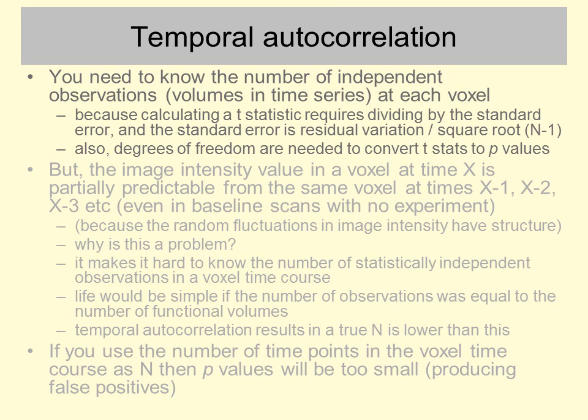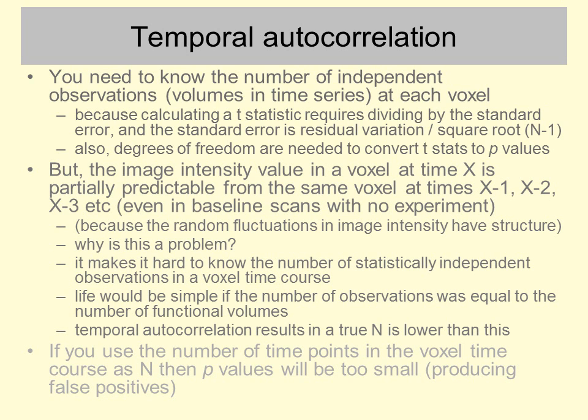The reason you want to know this is because when you calculate that t statistic, in order to calculate the error term, you need to divide the residuals by the square root of n, the number of observations, minus 1. And you also need to know your degrees of freedom in order to convert t-stats to p-values. So you need to know what is the true number of independent observations in a time series.